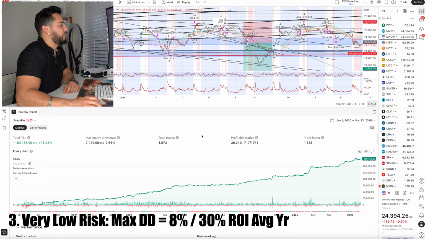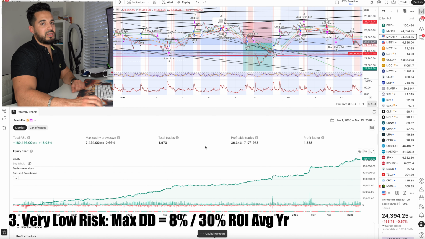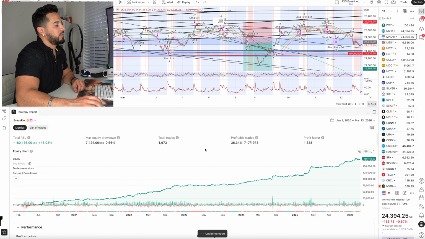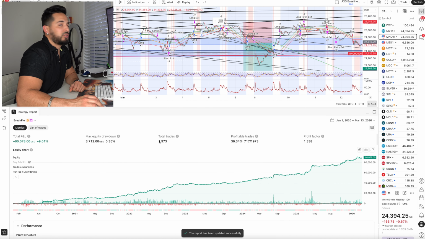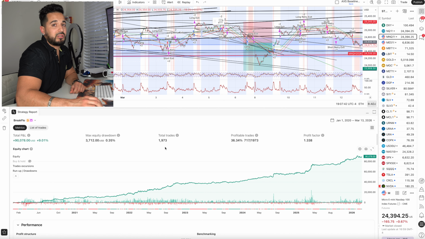And now let's go for the very low risk profile. So very low risk, like I said, would be about 7-8% maximum drawdown. So on this trading strategy, it should equal around a 30% yearly ROI, risking 7 to 8% drawdown at any given point. So this is for the past 6 years, starting with a $50,000 account.